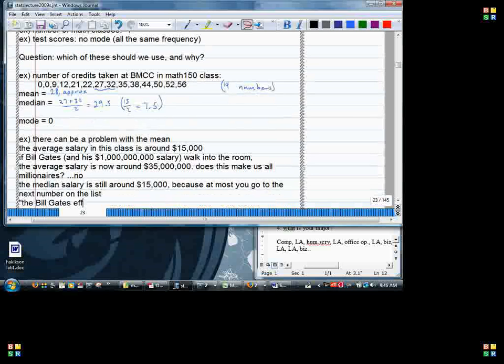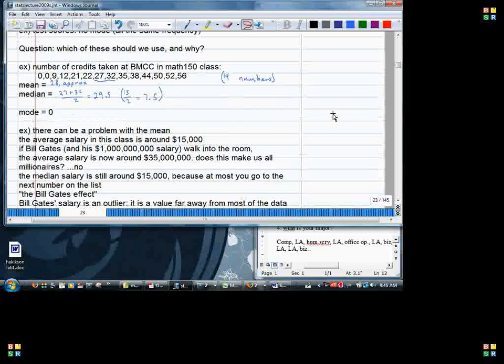So I call this the Bill Gates effect. That's a fancy little name. What this really is, is that Bill Gates' salary is an outlier. That's what this is called. It is a value far away from most of the data. Now notice, when you bring in an outlier, what happens to the average?